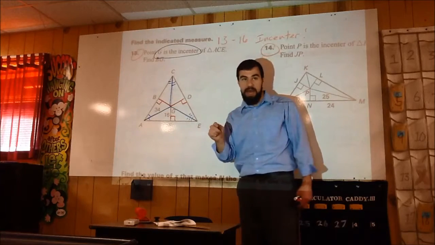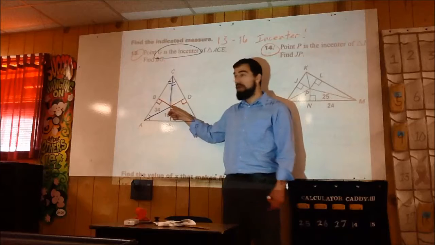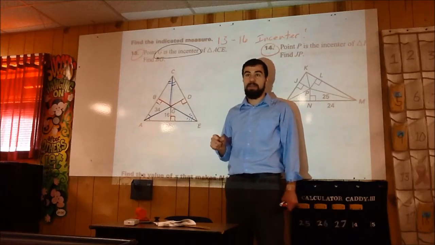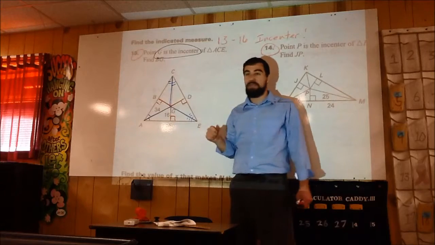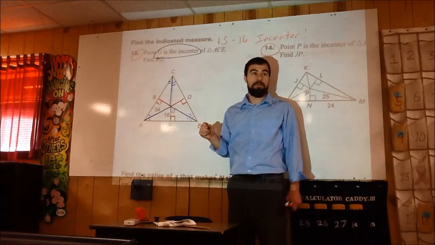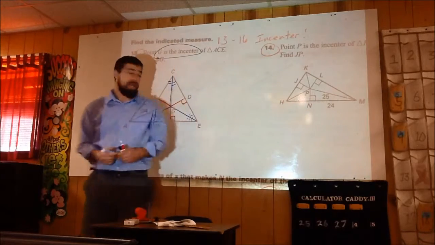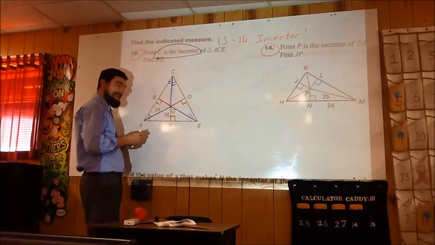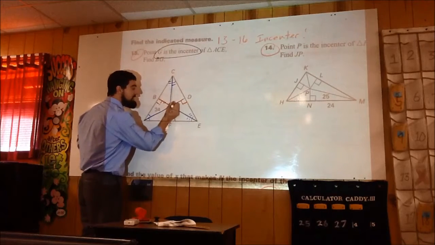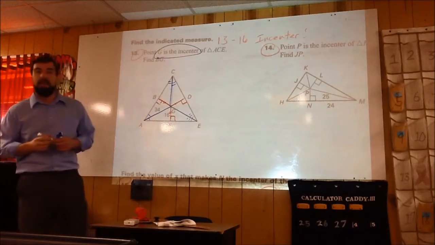And when you have the distance of a point to an object, it has to be the perpendicular distance. So what do I know to be true about these 3 segments, BG, DG, and FG? They're all congruent, because I know that the incenter is equidistant from all 3 sides. So these perpendicular distances have to be the same.